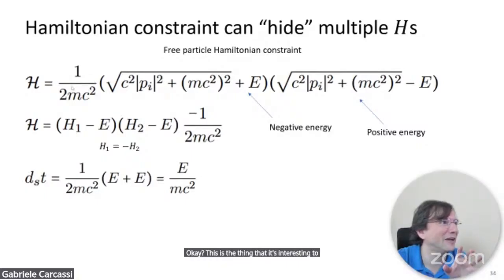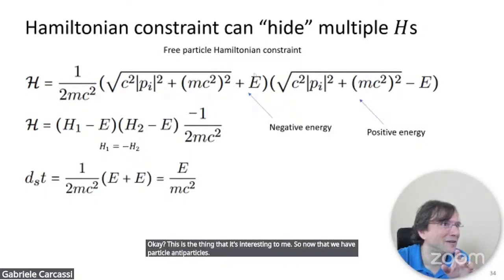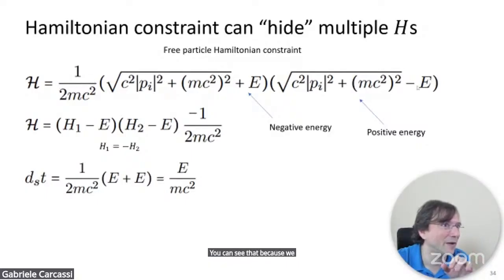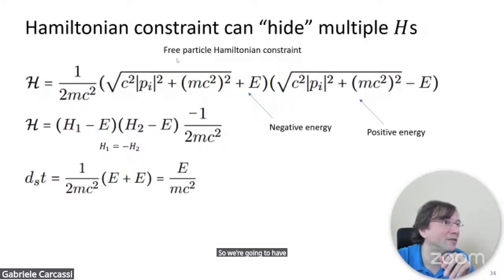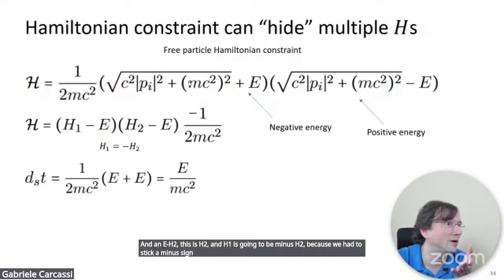So now that we have particle-antiparticles, you can see that because we had the e square, we can turn that Hamiltonian constraint into actually two constraints with respect to the Hamiltonian. So we're going to have e minus h1, and this is h1, and a E minus H2. This is H2, and each one is going to be minus H2 because we had to stick a minus sign here to make it work.